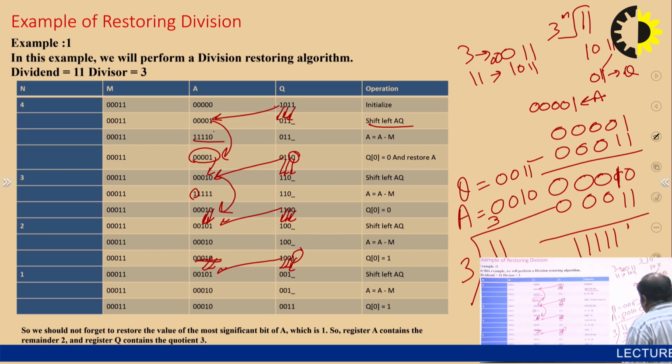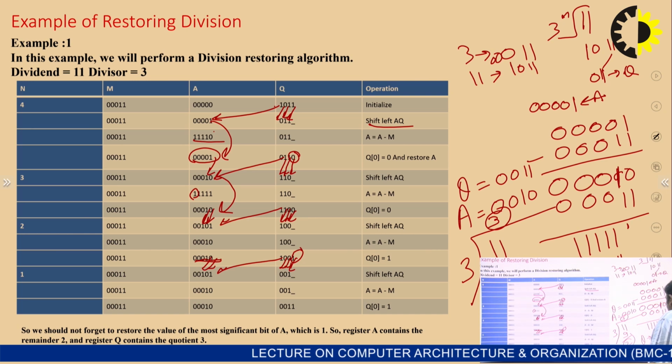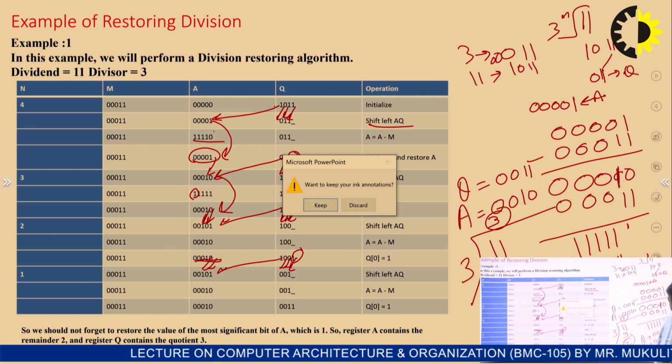So the remainder is 2 and the quotient is 3. Q represents 0011, which is 3 in decimal, and A represents 0010, which is 2 in decimal.